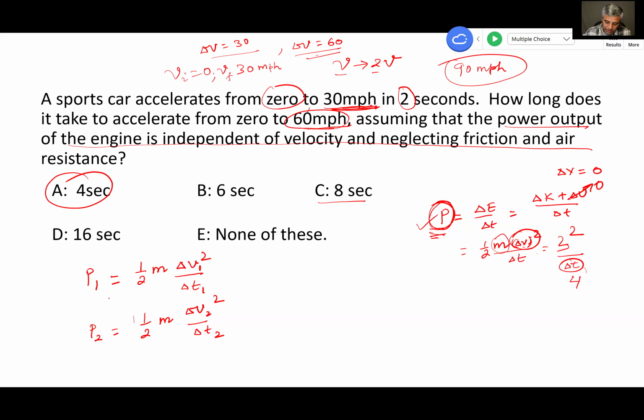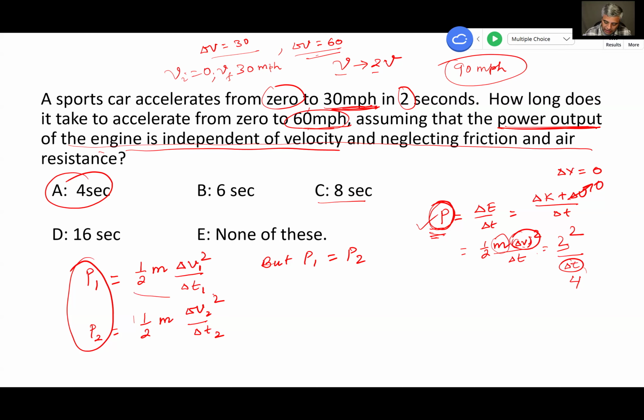So two different situations, but the power remains the same. That's what it says. Power 1 and power 2 are the same. Power output is independent of the velocity. So that means the engine is supplying the same amount of power.